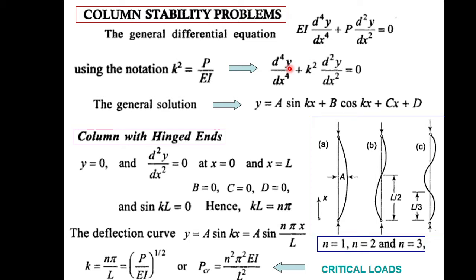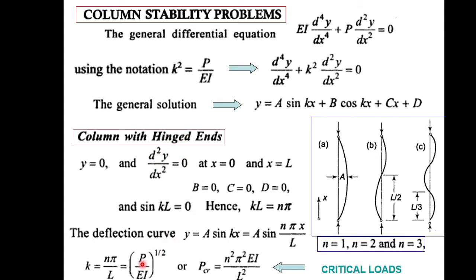So this is a general form of the solution, right? For this fourth order differential equation, this is the general solution, and these A, B, C, D are the constants which depend on the boundary condition. So here the solution for hinged end is shown.